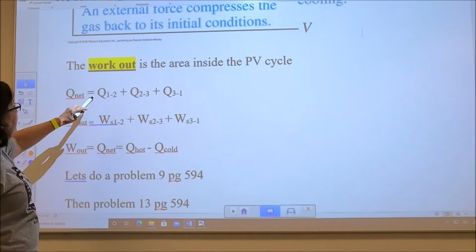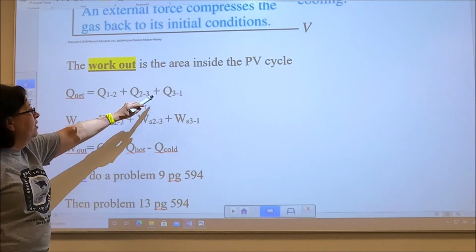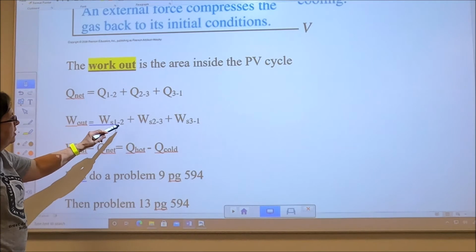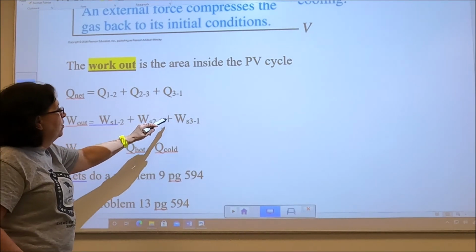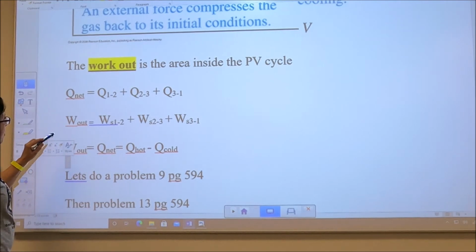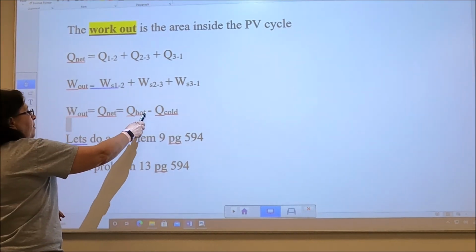So Q net is equal to Q from 1 going to 2 plus 2 going to 3, 3 going to 1. Work out is W_S 1 to 2 plus W_S 2 to 3 plus W_S 3 to 1. And work out should equal Q net, Q hot minus Q cold.